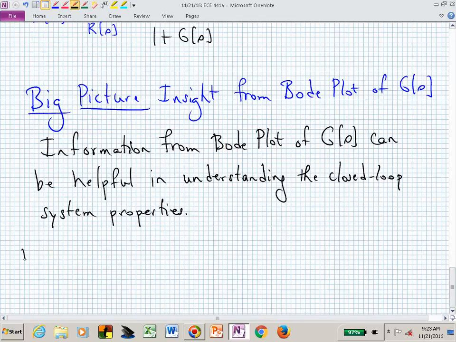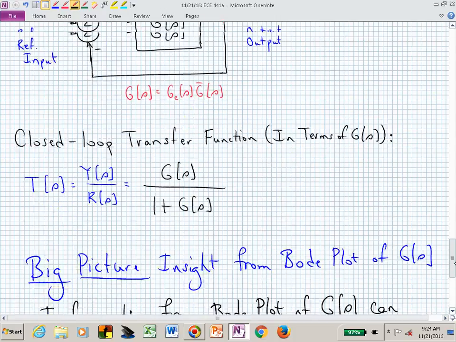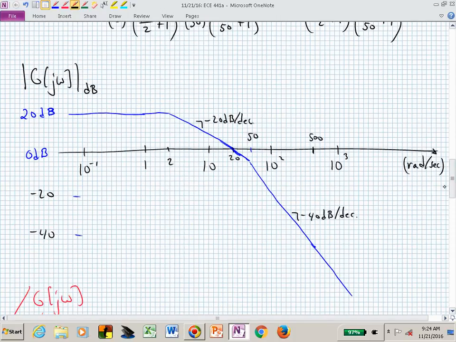One, suppose that I now look at my Bode plot and I find frequencies omega where the magnitude is large. In this particular Bode plot, maybe we say 20 dB is large, but the magnitude is bigger at low frequencies than it is at high frequencies in general.